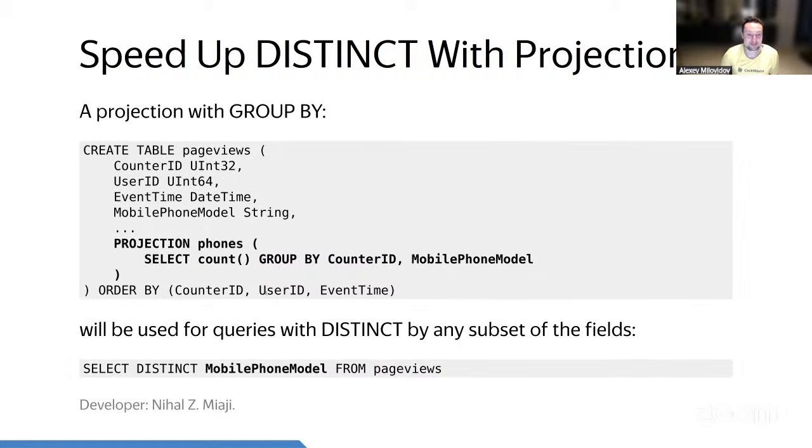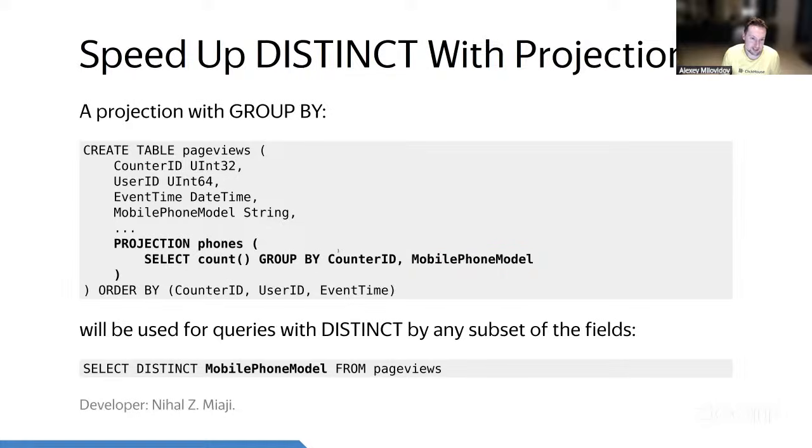For example, again, in 25.11, any projection which does group by, like in this example, we have the same table and mobile phone model, and we have a projection calculating statistics for each counter across the different mobile phones.